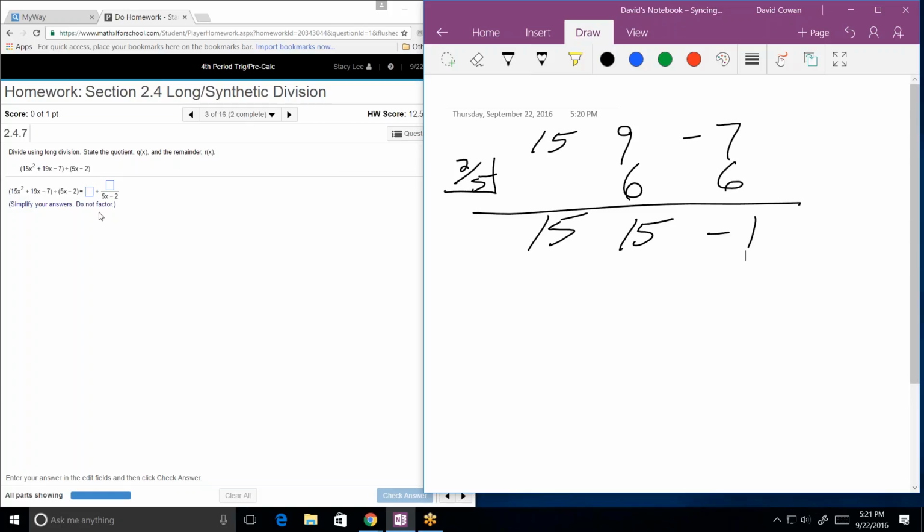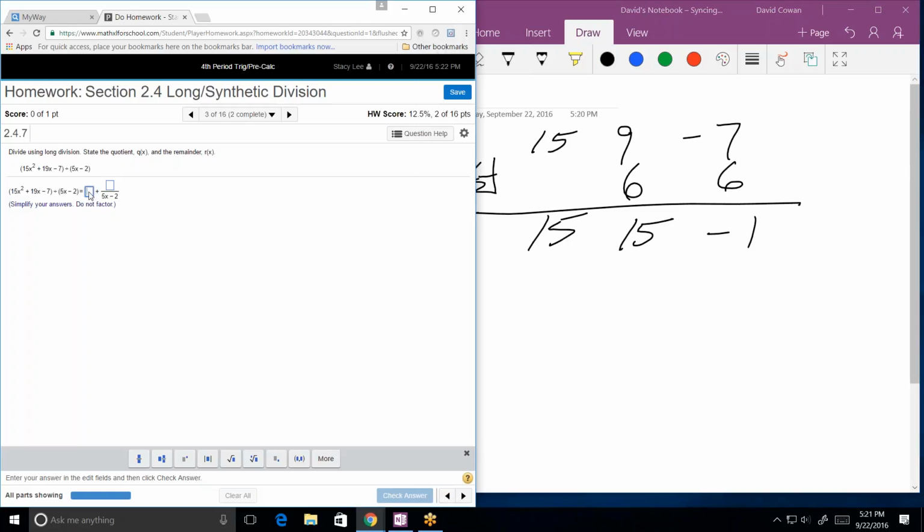Yes. Okay. Let's try putting that in. What's my answer? How should it look? 15x. Correct.